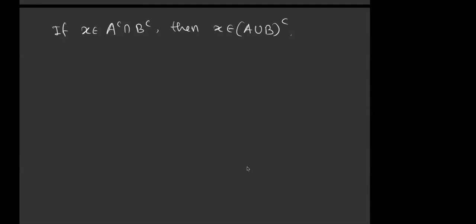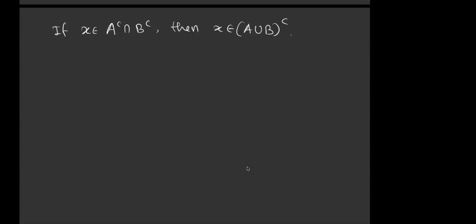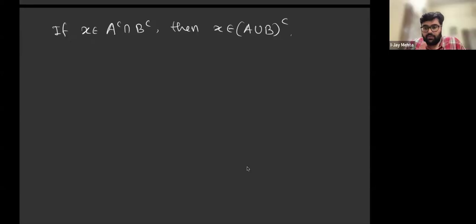What is the next step? x belongs to A complement and x belongs to B complement. That is already what I said. Then what can you say? x does not belong to A and x does not belong to B. Yes, very good. If x is not in A complement, then x is not in A, and x is in B complement, so it is not in B.